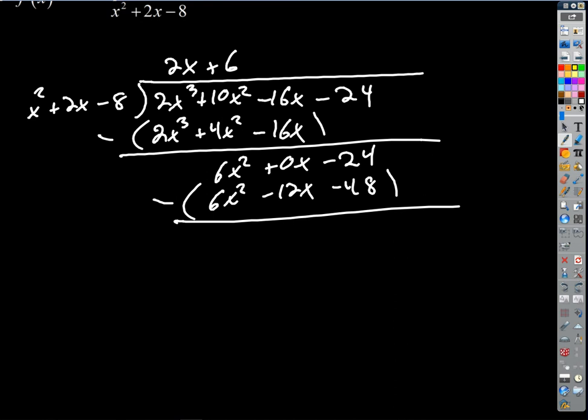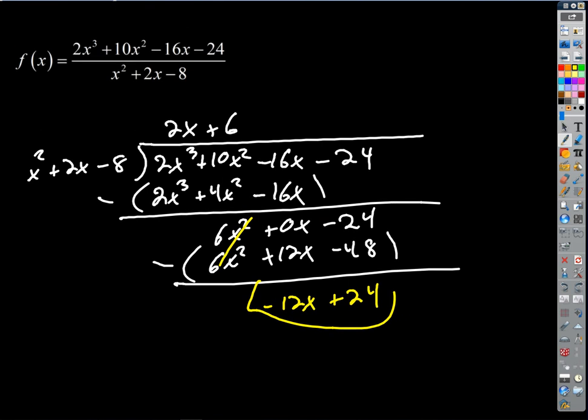If I subtract the whole thing, those cancel. 0 minus 12x is minus 12x. Negative 24 minus negative 48 is plus 24. So there's my remainder.